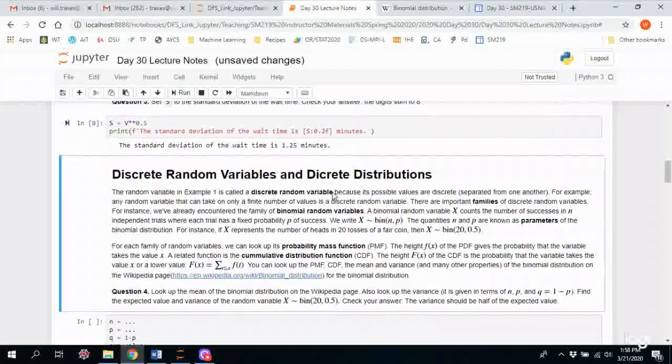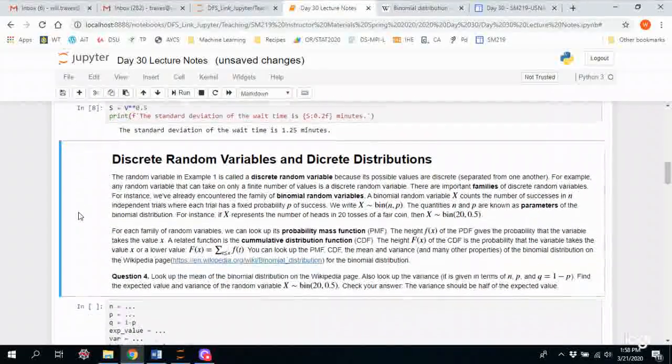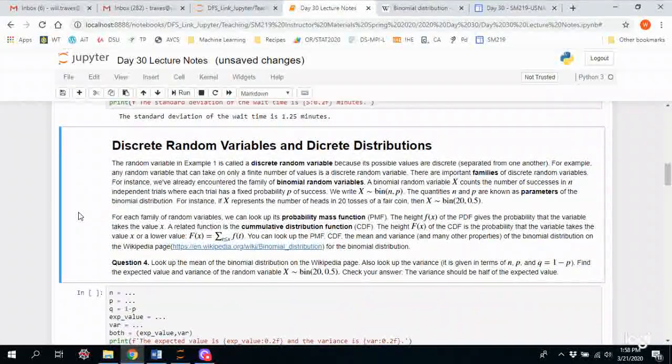So that's good too. Okay, so the random variable that we showed you in example 1 and this other random variable that we just did now are both examples of discrete random variables. And discrete random variables come in families. These are important probabilistic models for random variables.